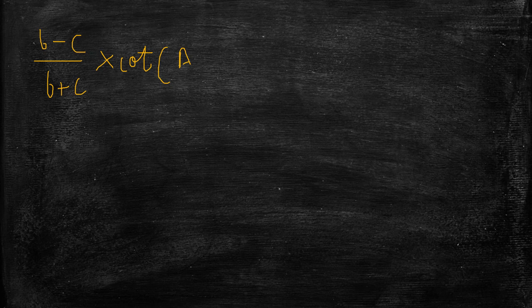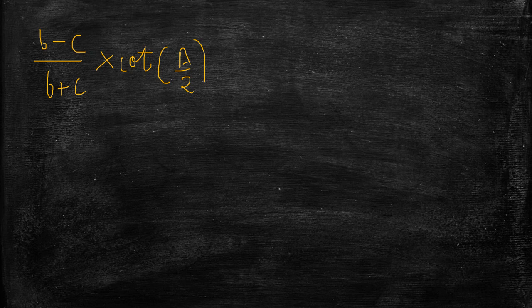So my RHS is (b minus c) by (b plus c) into cot of A by 2. Now I have to prove that this is equal to tan of (angle B minus angle C) by 2. How can I prove this? I will use my sine rule, because the tangent rule is based on the sine rule.